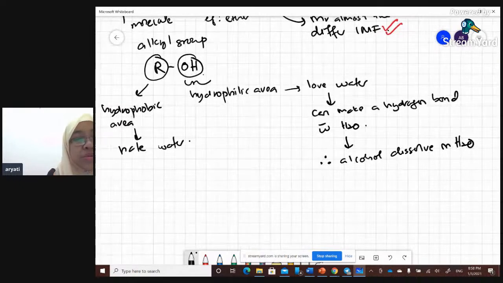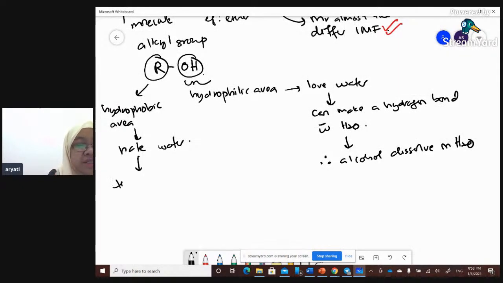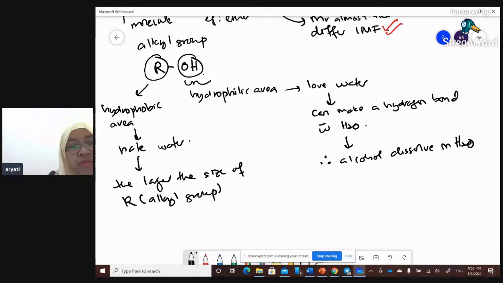Okay. So, the larger the size of R, which is an alkyl group, hydrophobic area pun akan increase.